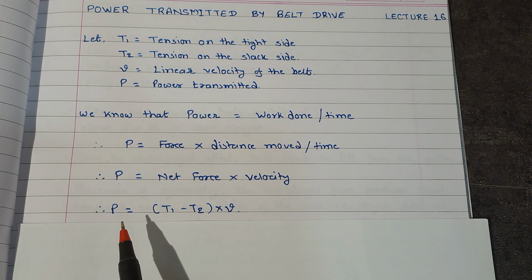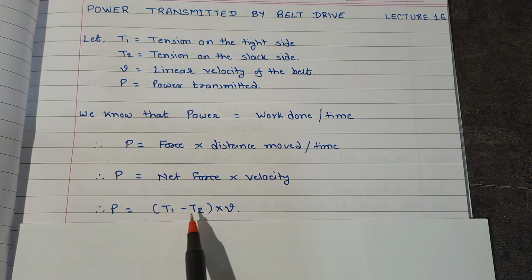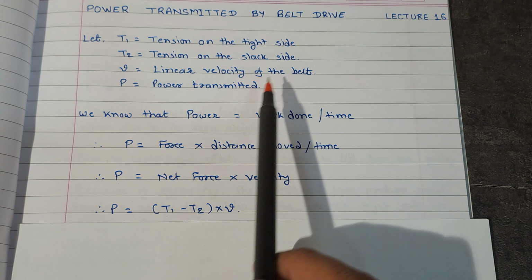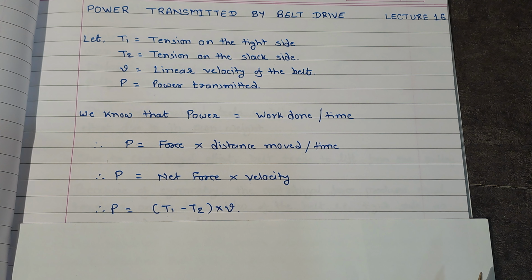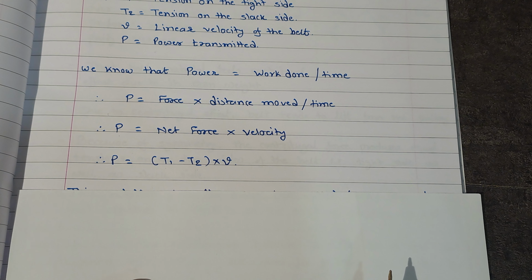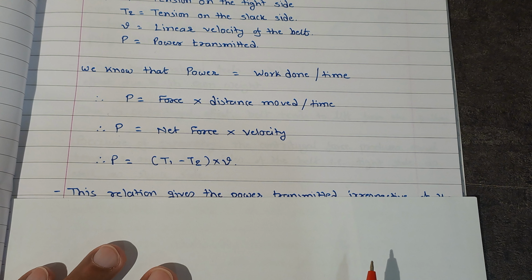So the formula for power transmitted becomes P is equal to T1 minus T2, that is net force, into V, that is the linear velocity of the belt. So this relation gives the power transmission by the belt drive.